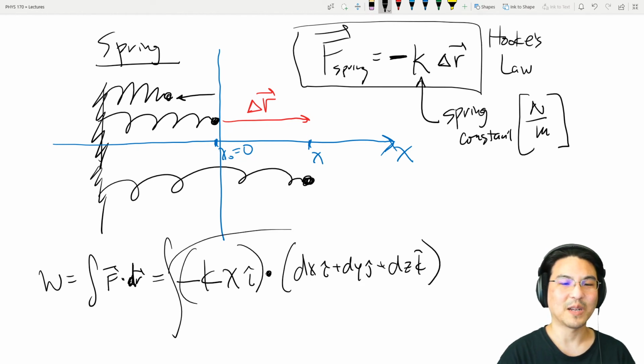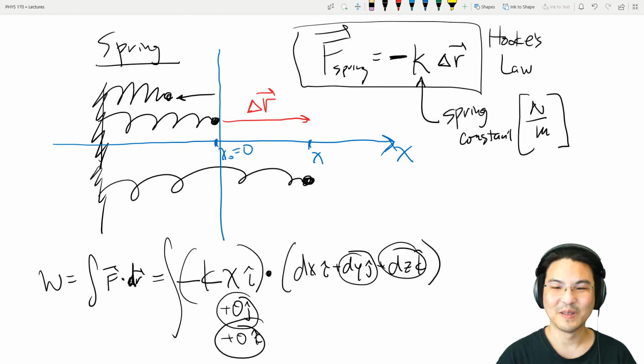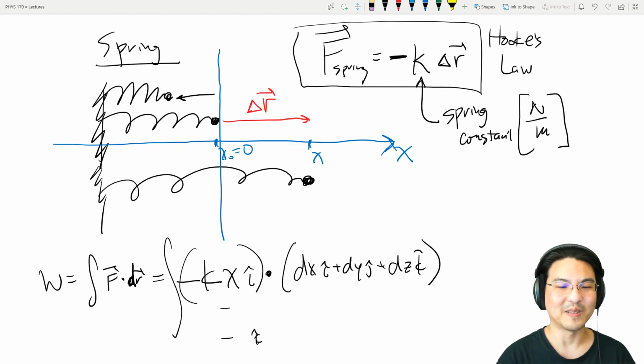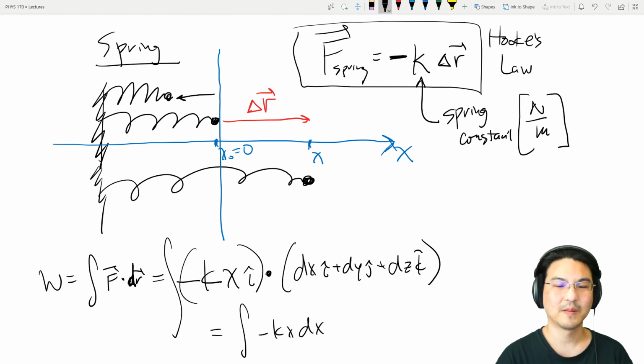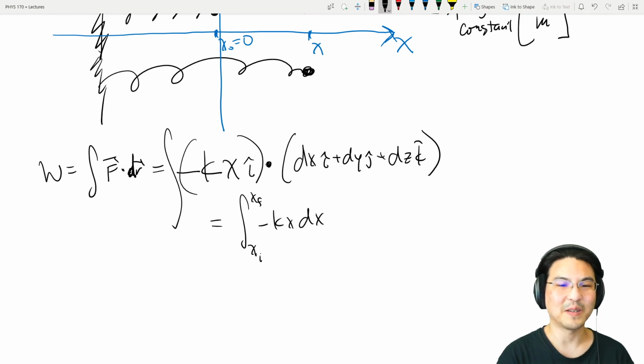Okay, now what happens when you do this dot product? X component times X component plus Y component times Y component plus Z component times Z component. So this just simplifies to like this. Right? And then if we just integrate from somewhere to somewhere, initial to final, let's make this 0 even.